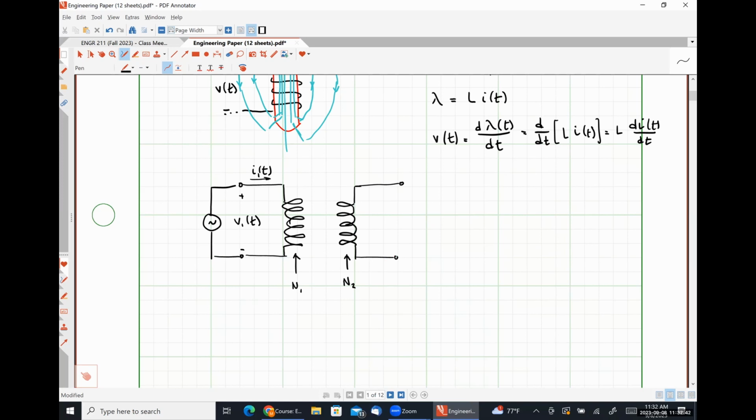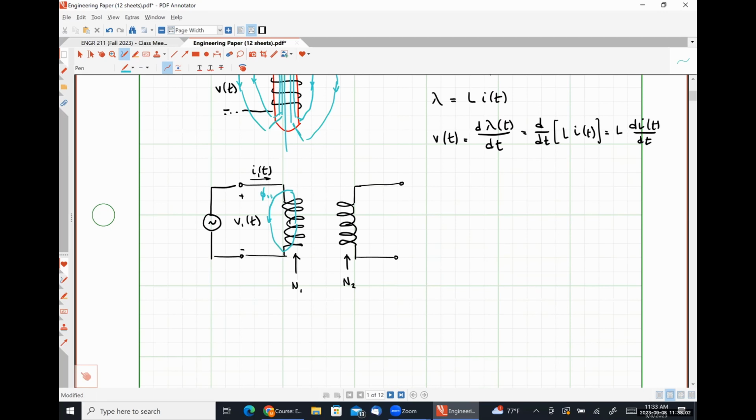So if I'm passing a current through the coil, I should see flux lines like so. I'm going to call this flux phi 11.